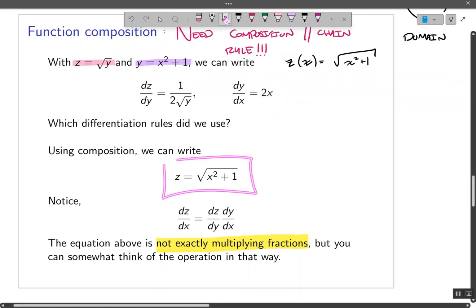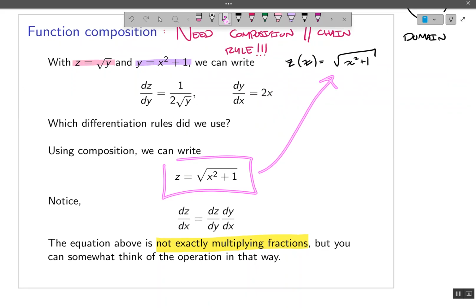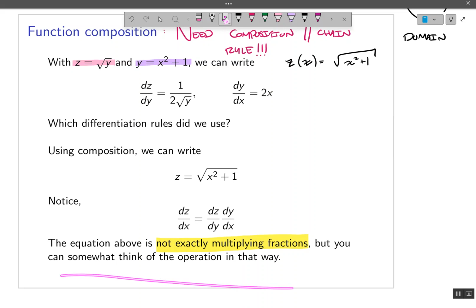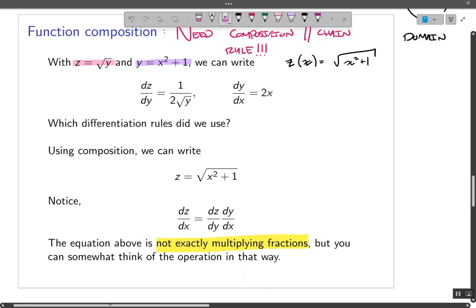Now we have here this z equals square root of x squared plus 1. Now this equation right here, it's not exactly multiplying fractions because the definition of these symbols is a little bit complex, but without making it too complicated, this is a way that we can think about this chain rule.